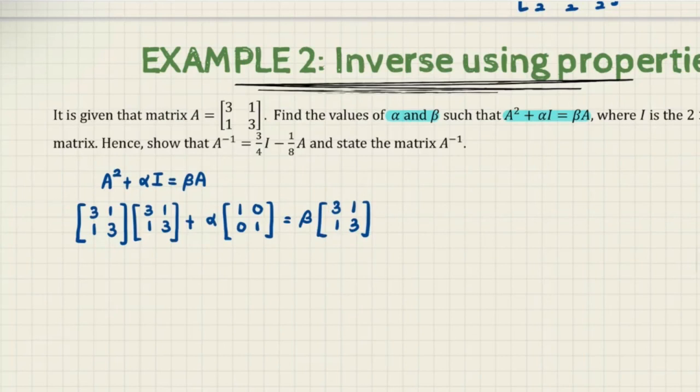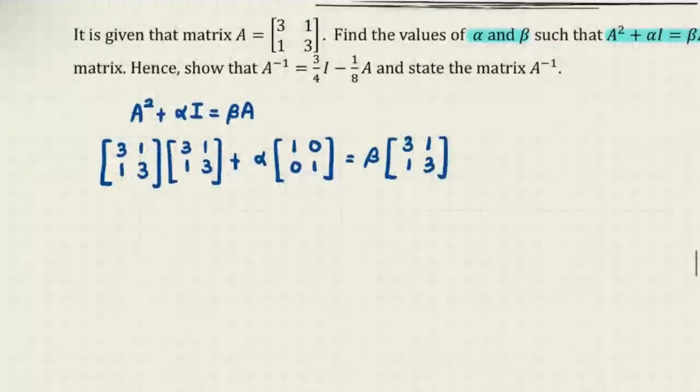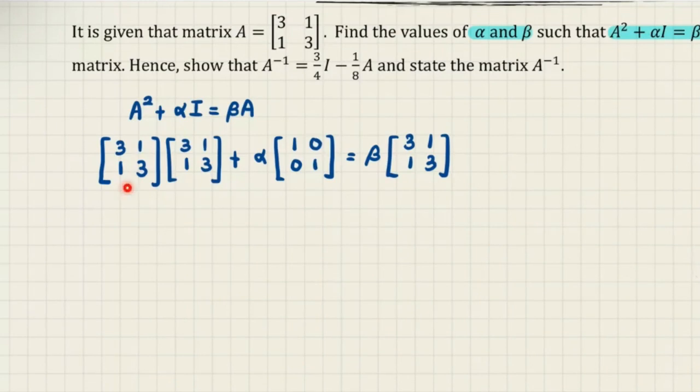Okay, so first of all, let's find the product of A multiplied by A. So first row darabkan dengan first column. So kita ada 3 darab 3, 9 tambah 1 darab dengan 1 dapat 1. Okay, elemen dekat bawah dia adalah 1 darab dengan 3 dapat 3 plus 3 darab dengan 1 dapat 3. So 3 plus 3.